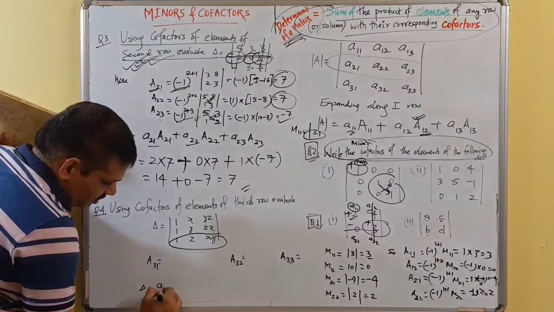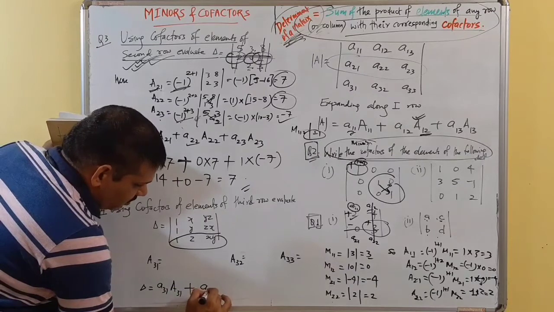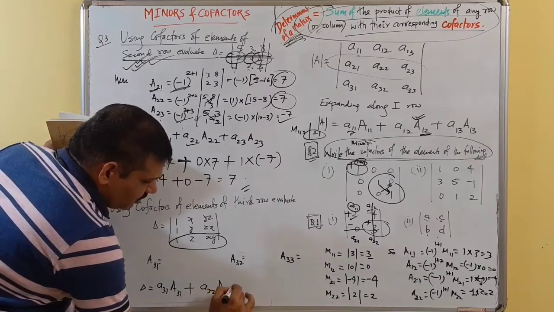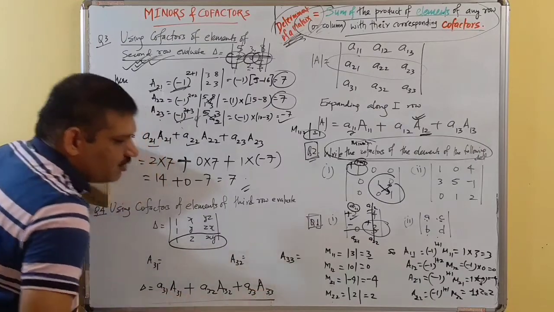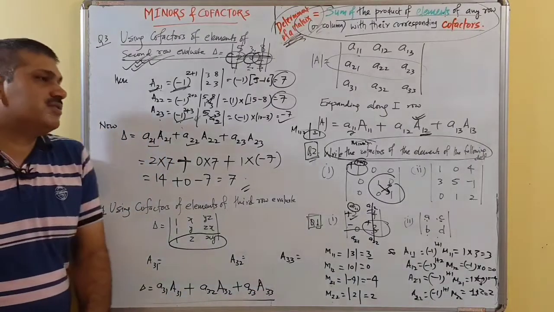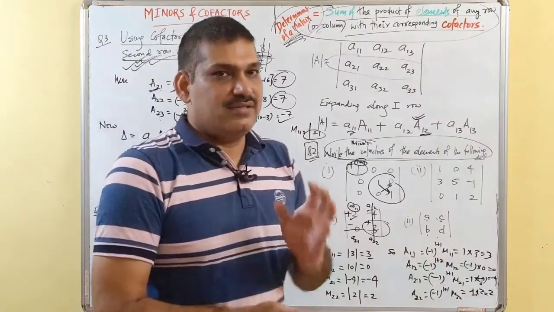So this is a31 multiplied by capital A31 plus a32 multiplied by capital A32 plus a33 multiplied by capital A33. Well, this is how we do this exercise, minors and cofactors.